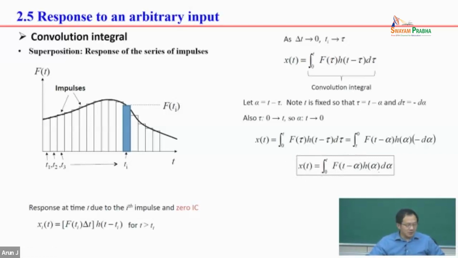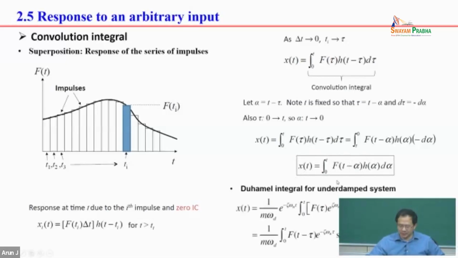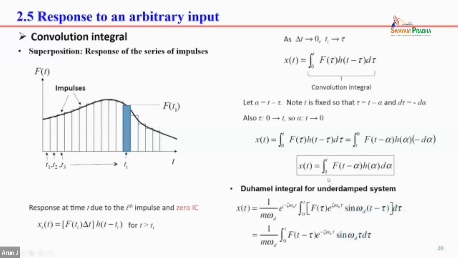Such a relation can be used for any linear system, like an ocean wave system also. Basically, that's the convolution for arbitrary force input. If you know the impulse response, you can use the convolution. This convolution was initially discovered by Duhamel, which is why it is given this name for vibration systems.